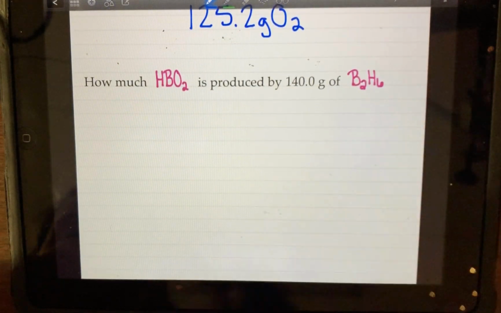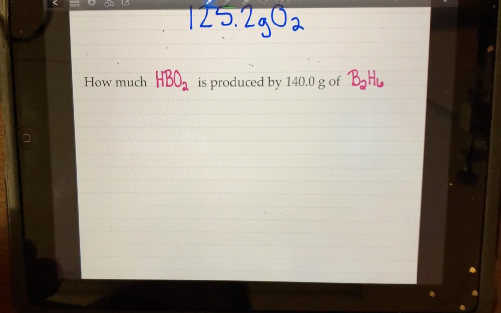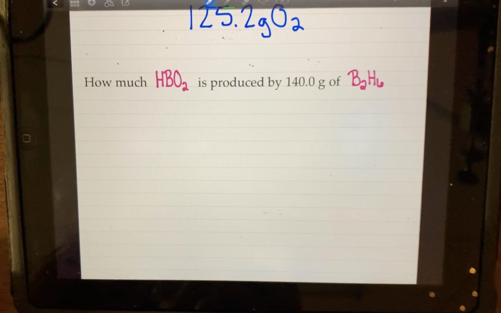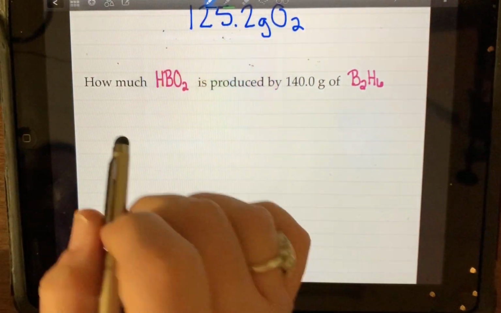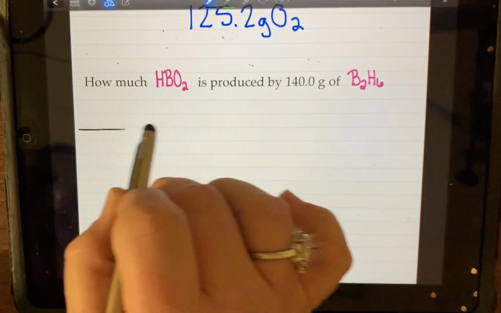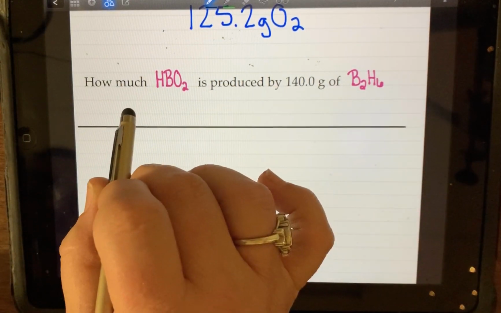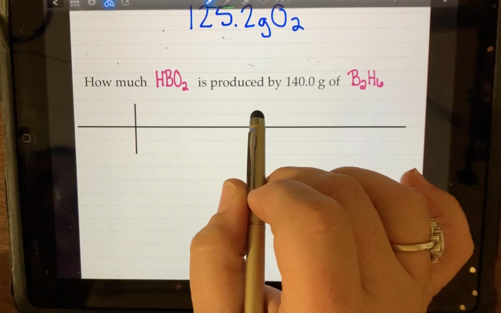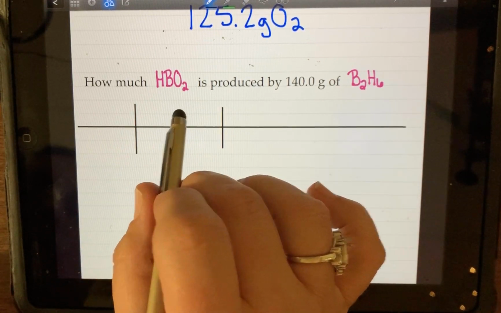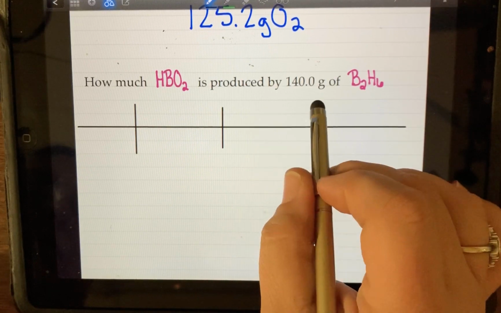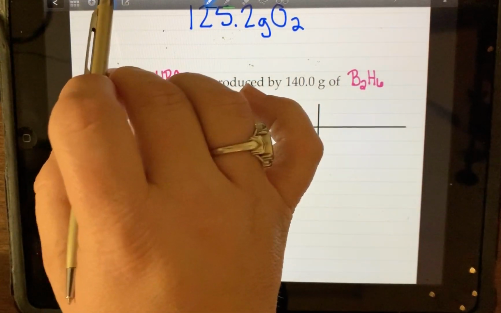The next problem says, how much HBO2 is produced by 140 grams of B2H6? So again, we're going to have our railroad tracks. Since I'm going from mass to mass, I'm going to go grams to moles, moles to moles, moles to grams.